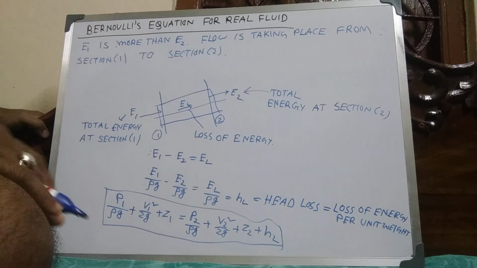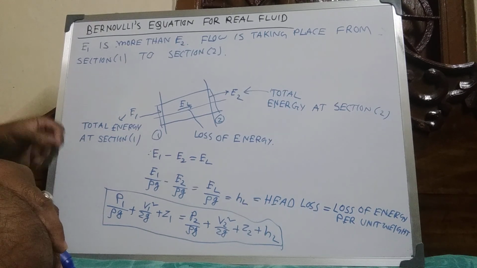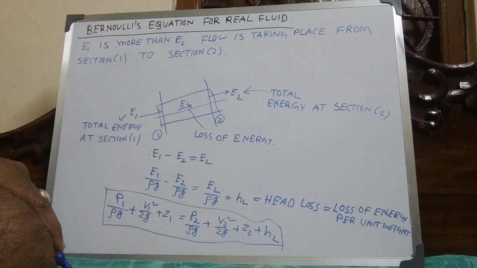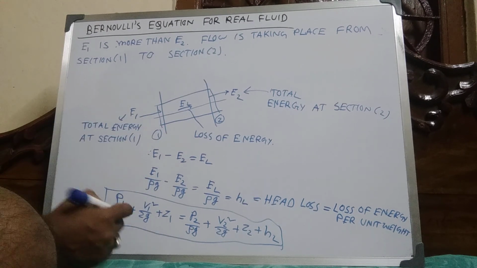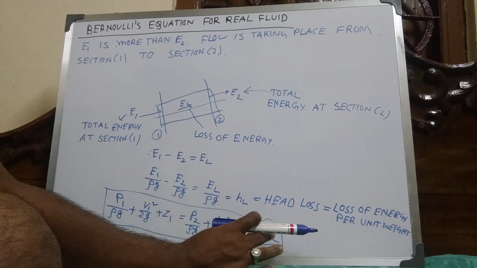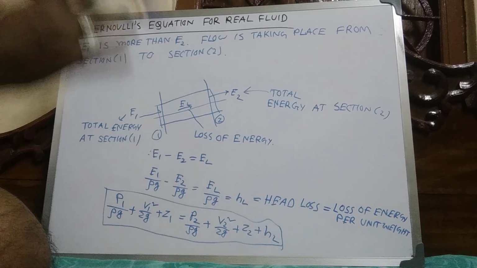If the flow is from this side to this side, the HL, head loss, is added on the right side.